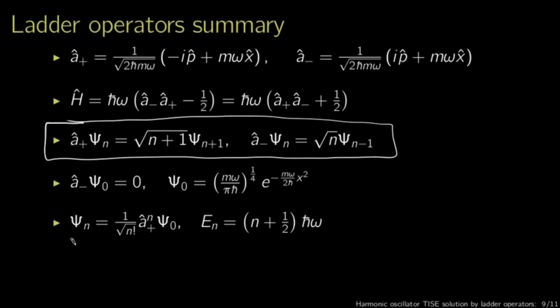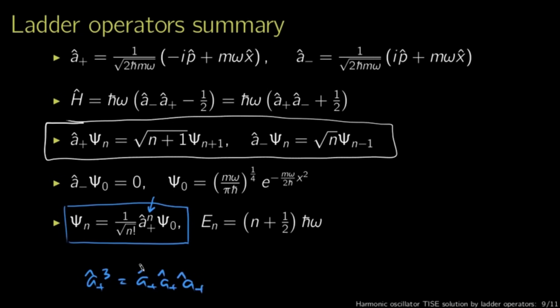Putting all of this together, you can come up with an expression for the nth wave function, psi sub n, in terms of psi sub 0. You have to apply A plus n times. This superscript n here means to apply A plus n times. For instance, A plus hat cubed would be A plus, A plus, A plus, all acting on the psi, just one after the other.